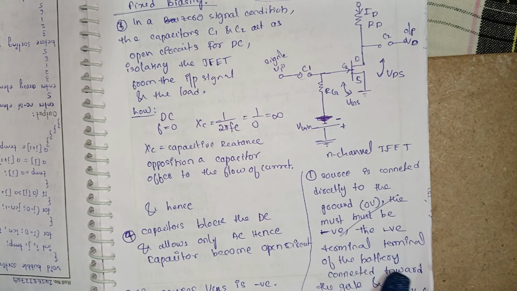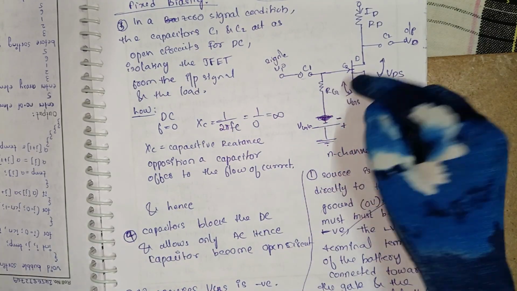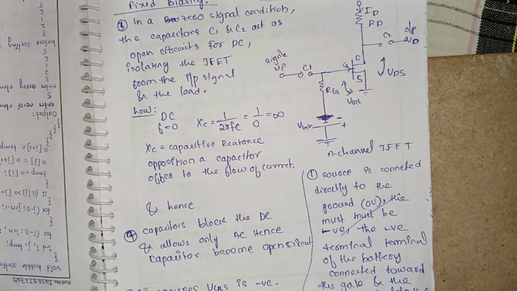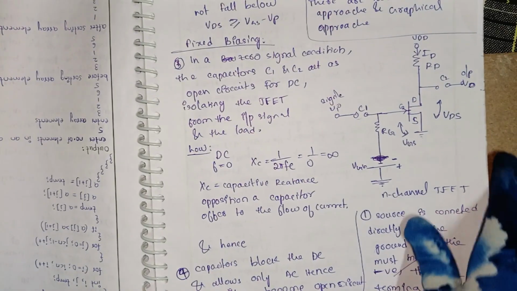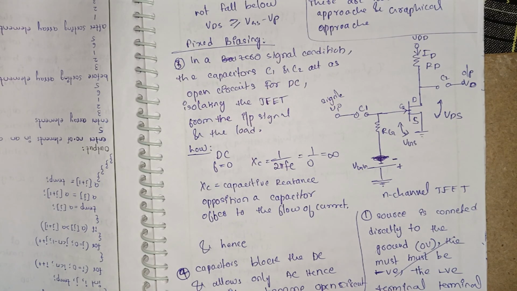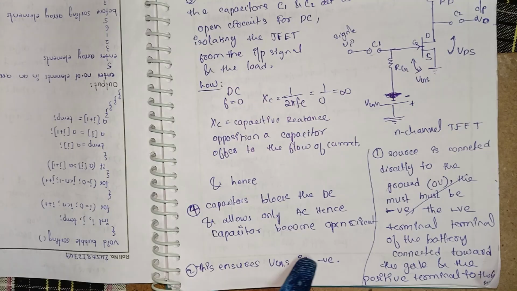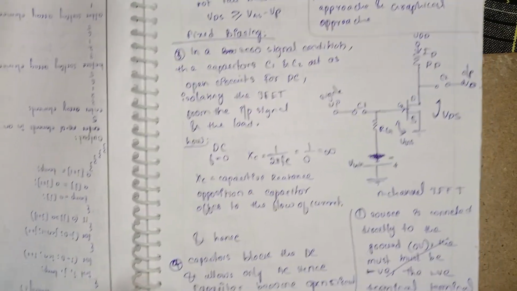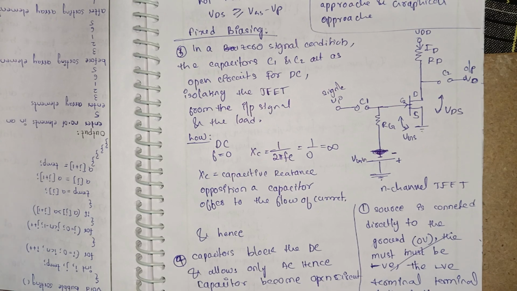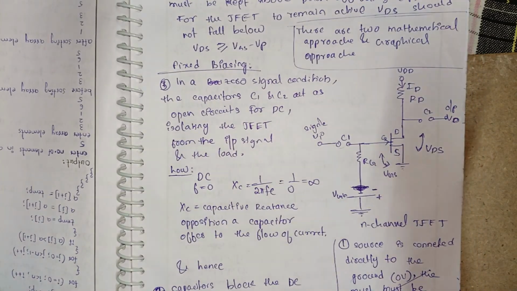The negative terminal of the battery is connected towards the gate, and the positive terminal towards the ground. This assures VGS is negative. How it becomes negative I will explain in the upcoming points.